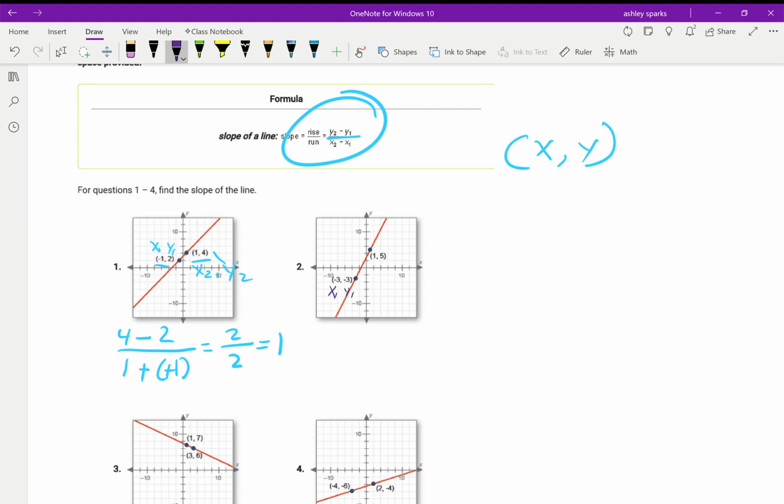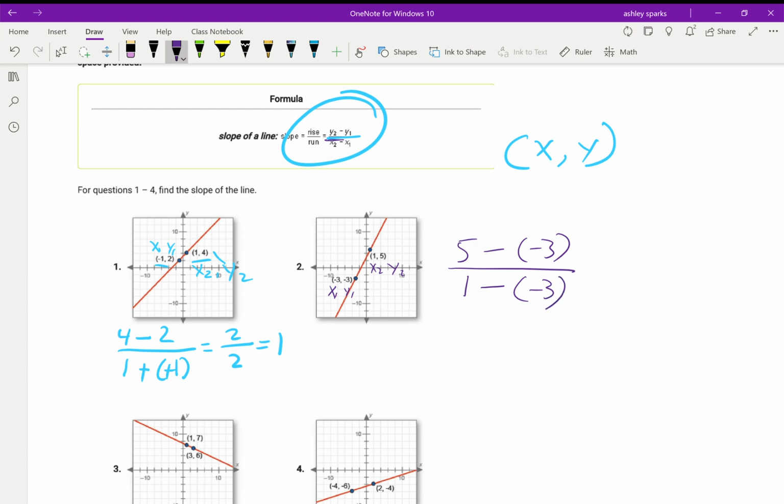x1, y1, x2, y2. y2's first, so 5 minus y1. My y1 is -3, so it's minus -3. Again, we'll simplify to make it pretty later, but right now just make sure you keep all your negatives. x2 is 1 for me, minus -3.